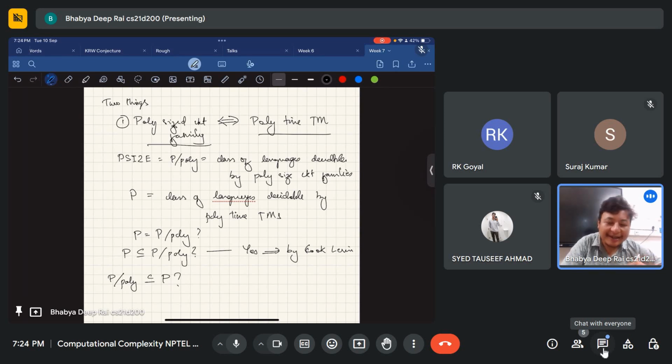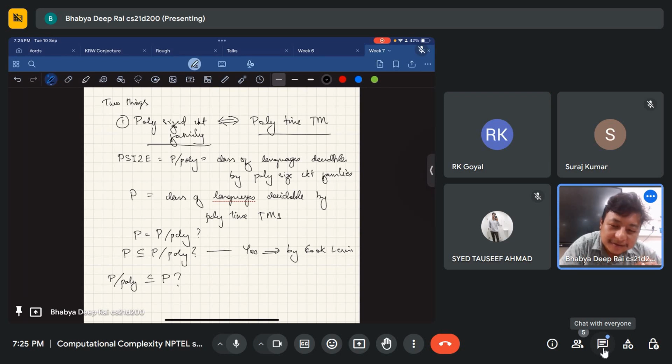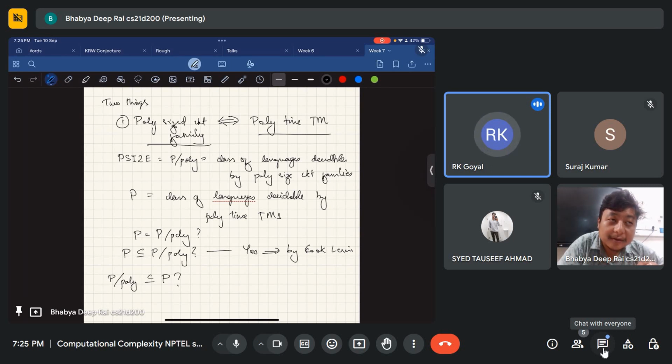Can that language be decided by a polynomial time Turing machine? Well, we saw that evaluation is enough. Can we also evaluate a circuit? It looks like we can do it, right? We also saw that an NTM can be simulated by a circuit of polynomial size, just now.